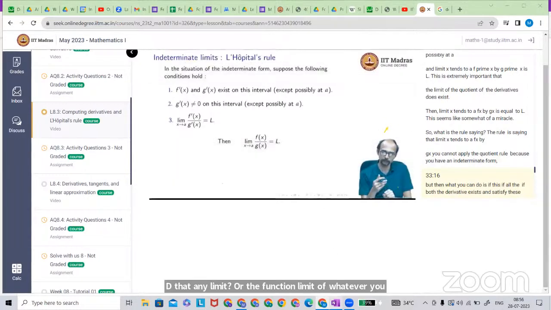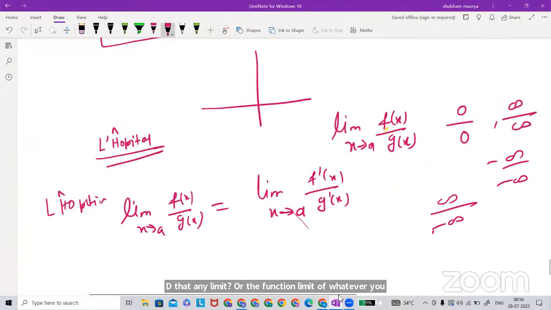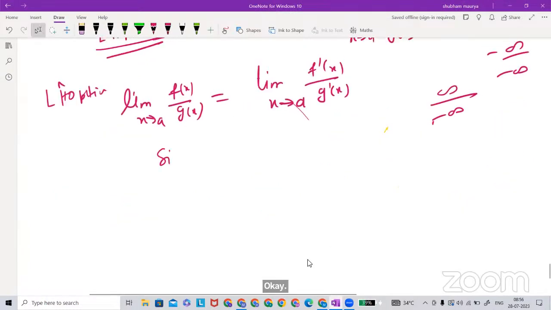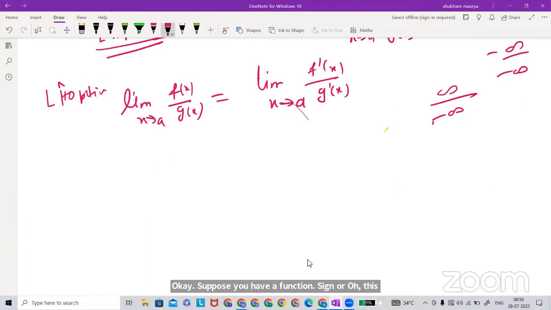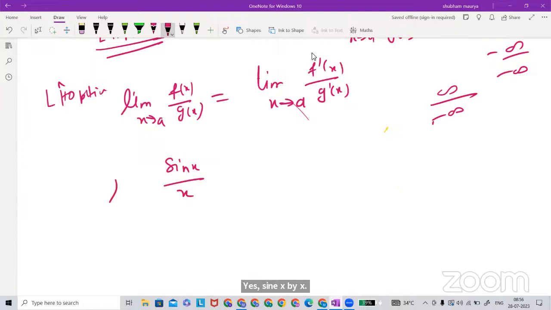For example, suppose you have the function sine x by x. I want to find the limit as x goes to 0.